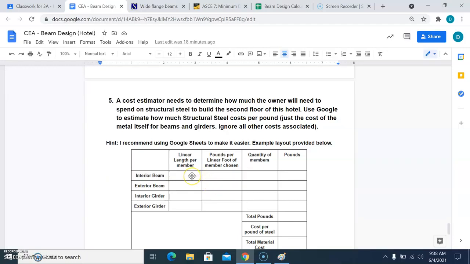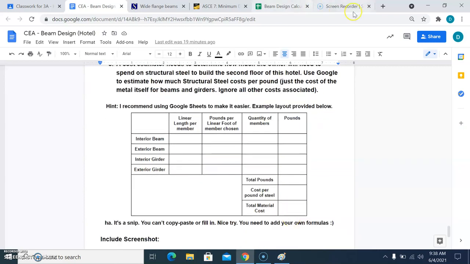For every 1 foot, it's 12 pounds. And then the next question is how many there are. So I think there were like 15 for the interior beams, for example. So it would be 18 times 12 times 15 to give you how many pounds of steel you're ordering for the interior beam. You do the same for the other 3. You multiply across, and then you add going down to get the total amount of pounds.